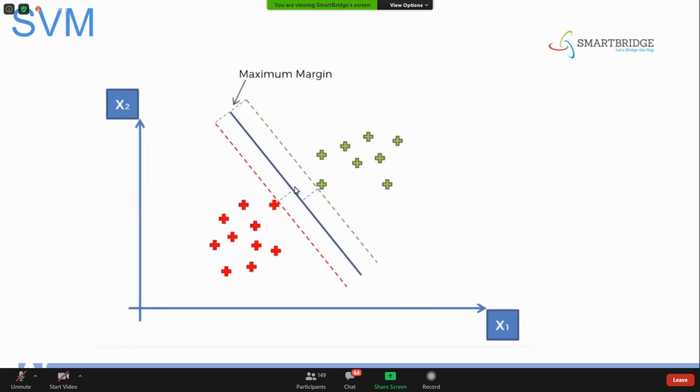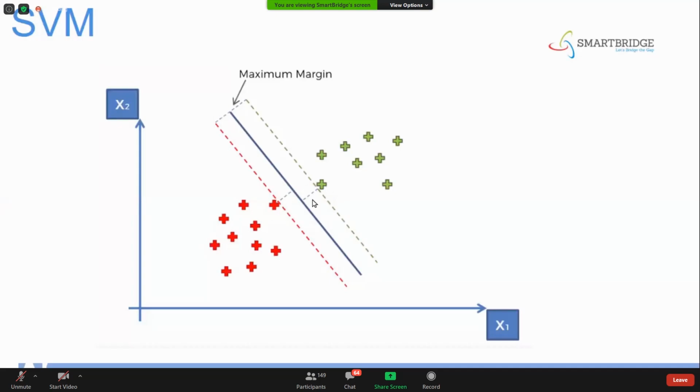You can see there is some sort of line between the point and the hyperplane. Here also there is a separation line between the green point and the separation line. So we are considering these points and calculating the equidistance of the points.